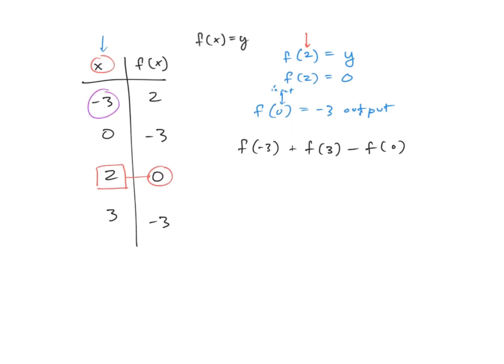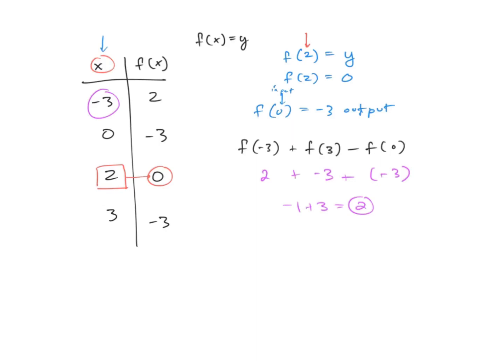My f of -3, that's 2, plus f of 3, which is -3, minus my f of 0, which is -3. You're just simply using the outputs that you're given when you're given certain inputs. And then we'd have -1, minus a minus is a plus, plus 3. You would get something like 2. So that's how they set up basically equations with inputs.